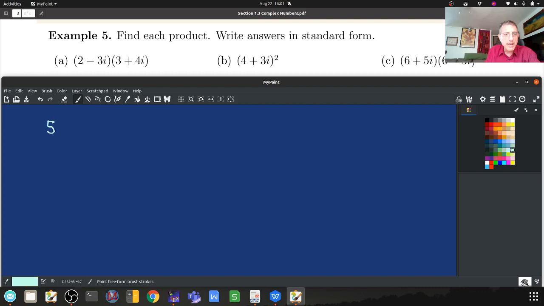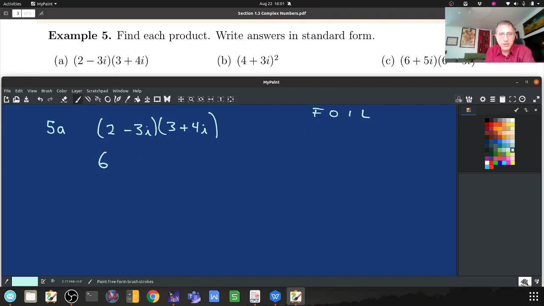This is 5a. We have 2 minus 3i times 3 plus 4i. There's the FOIL method: first, outer, inner, last. The product of the first terms, 2 and 3, gives me 6.